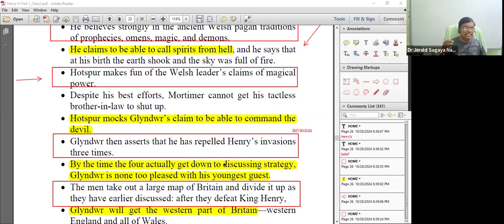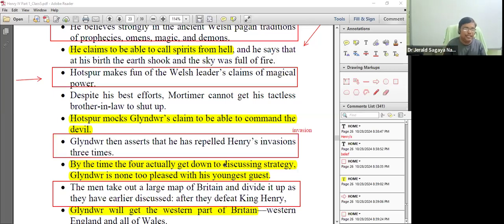Henry the Fourth tried to invade Wales, but with the help of my spirits and mystical practices, I was able to repel him and send him back. Now this is the fourth time Henry might come here, and if we continue talking, I will not be able to prevent Henry the Fourth. That is the claim made by Glendower.